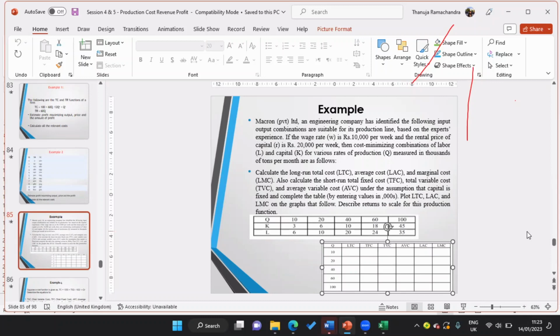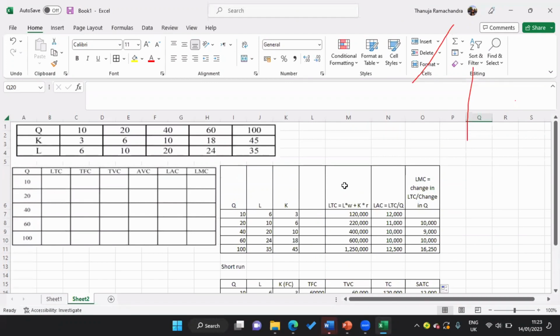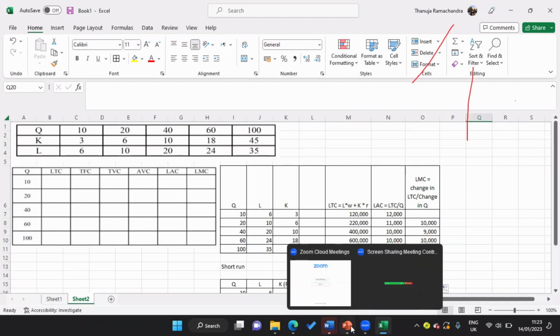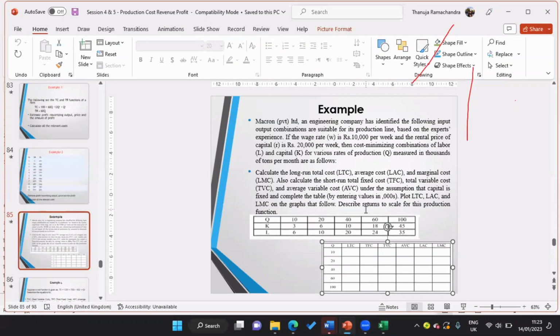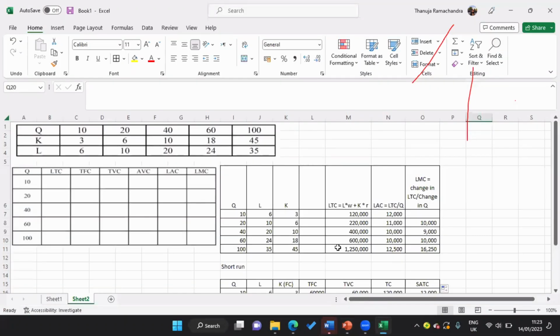So plot LTC, LAC, LMC on the graphs that follow. So we have to plot these 3, LTC, LAC and LMC, with the Q. LTC is increasing, so that's not this one.